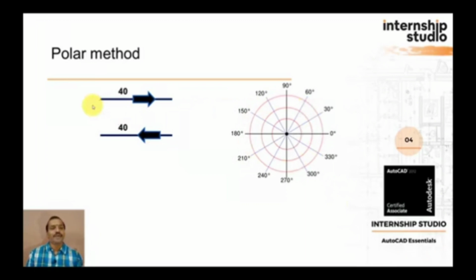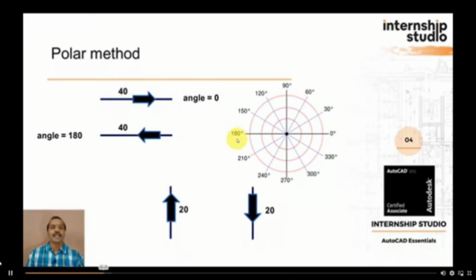See the first line: we draw a line from left to right. That means it is the direction of positive x, so the angle is 0. Similarly, if you draw right to left, we are moving towards 180 degree, so the angle is 180 degree. If you have a vertical line, we can draw from top to down or down to top.